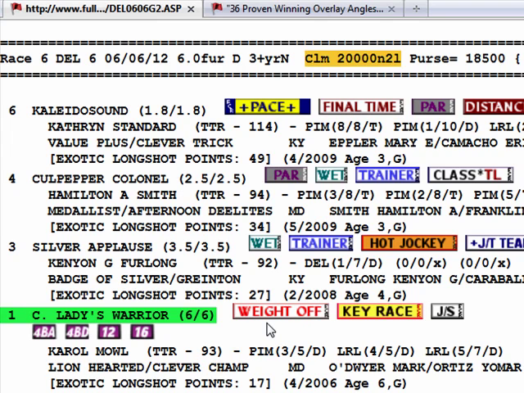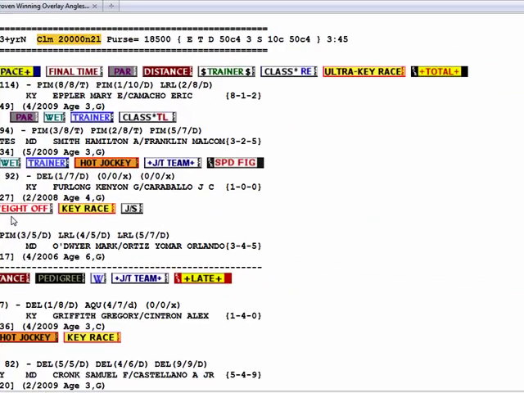Plain and simple, at your lower class level races, meaning not your graded stakes, not your non-graded stakes, and really not even in your high level allowance races. At everything else below that, the lone horse with the weight off icon is the only horse getting the 5 pounds or more weight off, the only one in the race to do so from its last start.